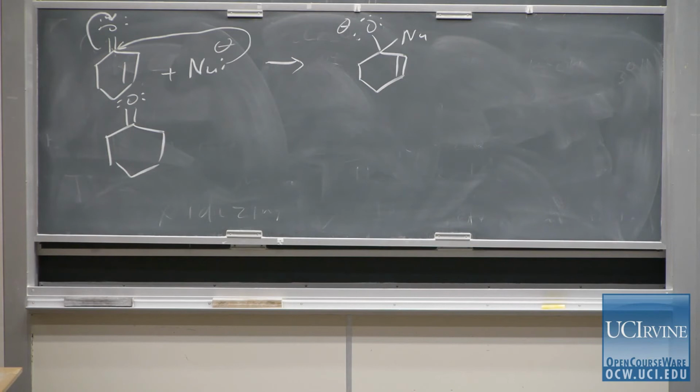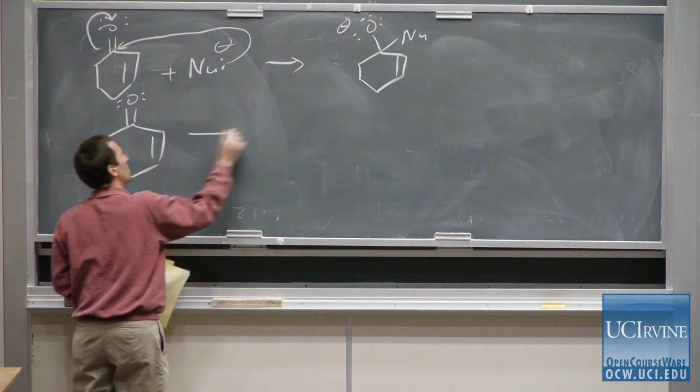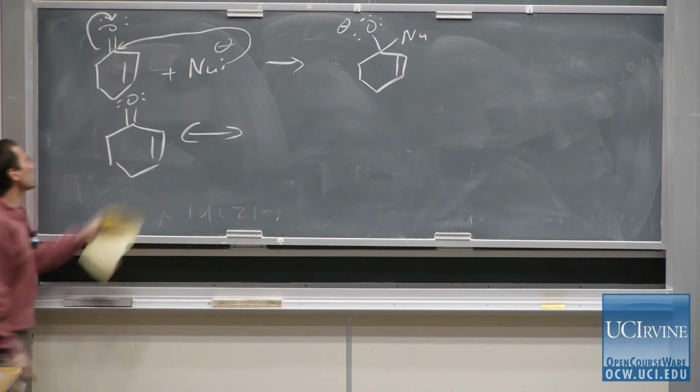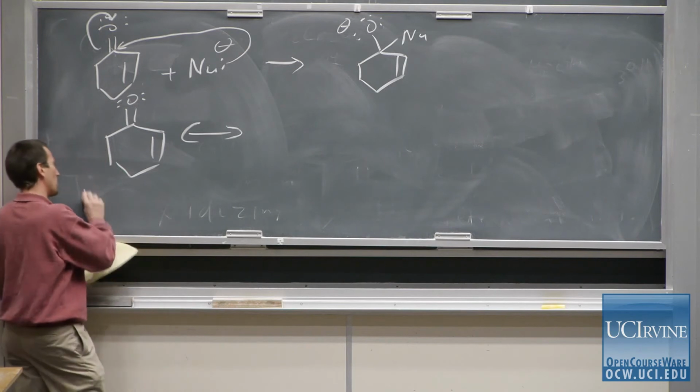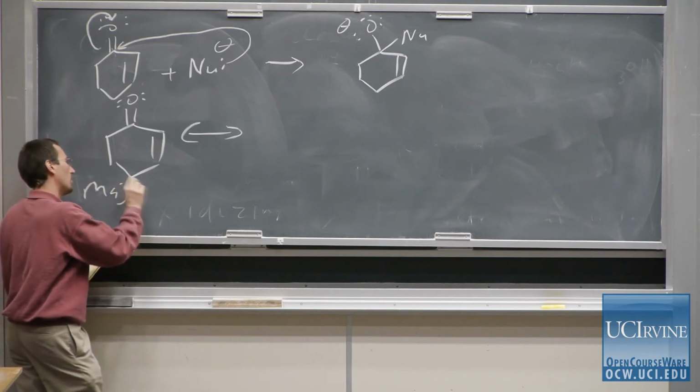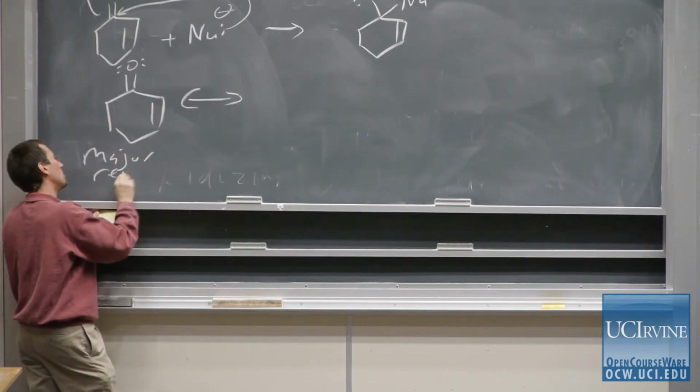One was writing a delta minus on the oxygen and a delta positive on the carbon. The other way of embodying or thinking about this is to write 2 different resonance structures. And so I can write one resonance structure like so, the main or major resonance structure.